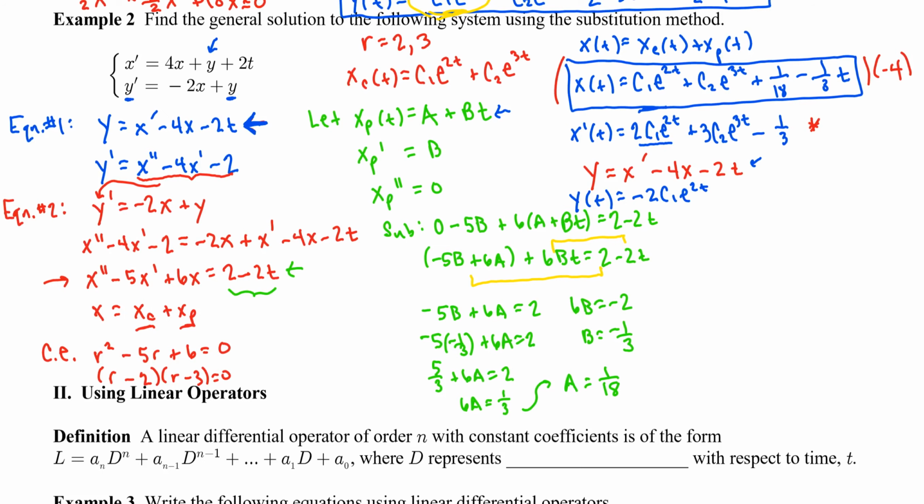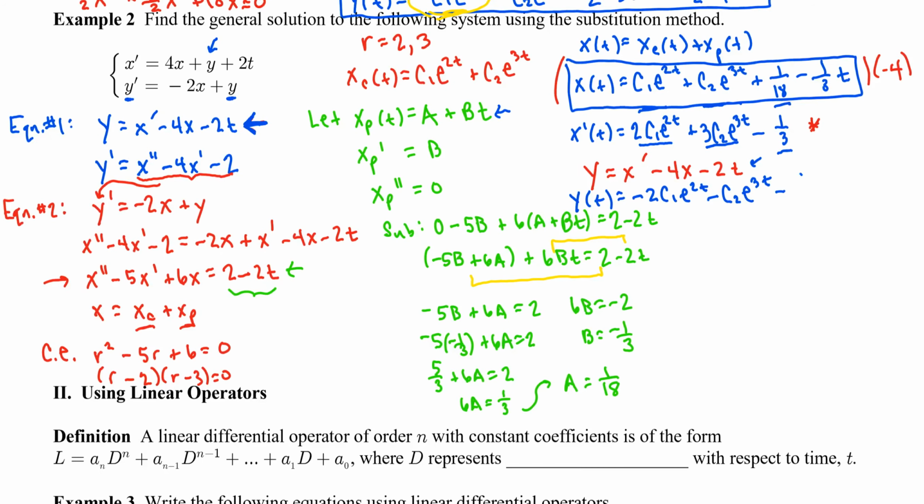Okay, next we're going to go to this term, x prime, 3c2 minus 4 times x, 4c2. That's going to give me minus c2 e to the 3t. Okay, continuing, we have x prime, negative 1/3 minus 4 times 1/18.